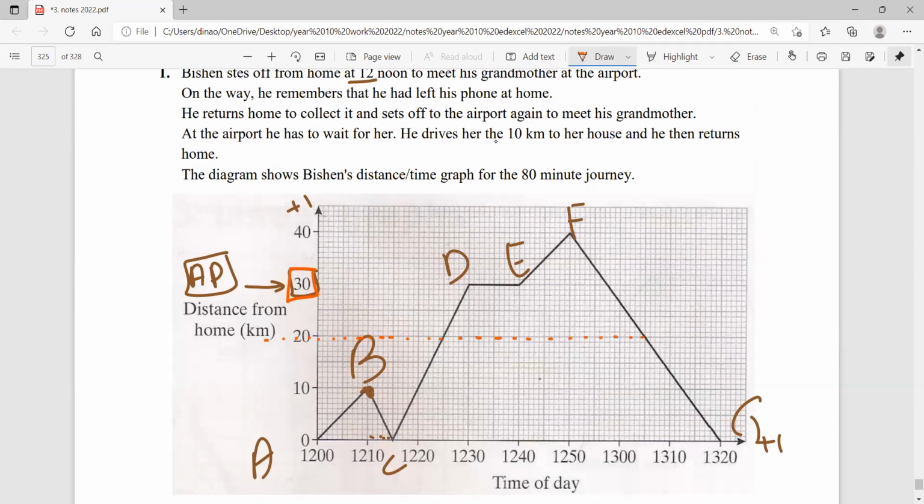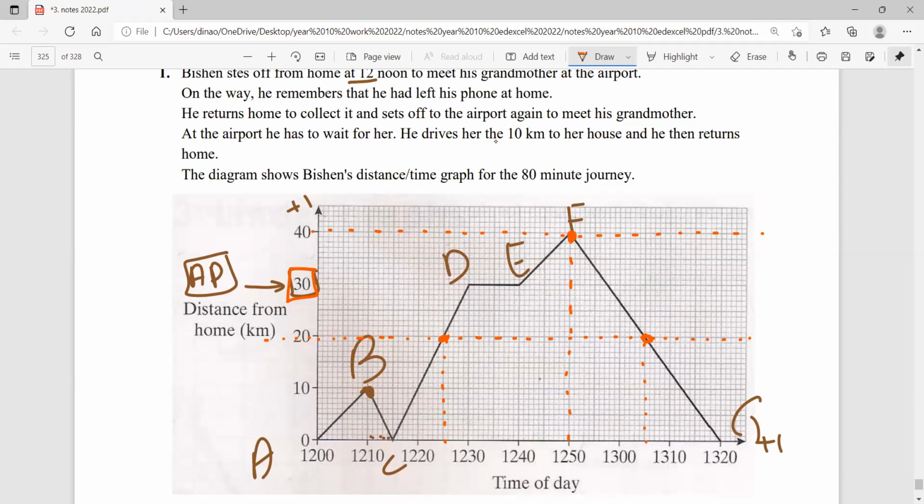This is 10 kilometers before the airport. 10 kilometers after the airport means kilometer 40. We want to know these times.